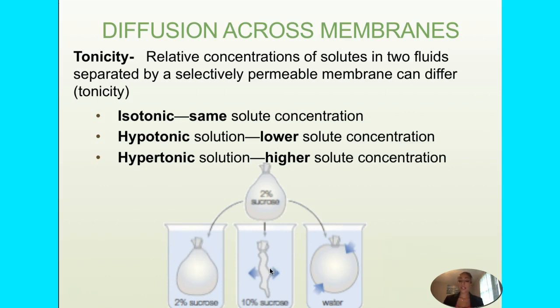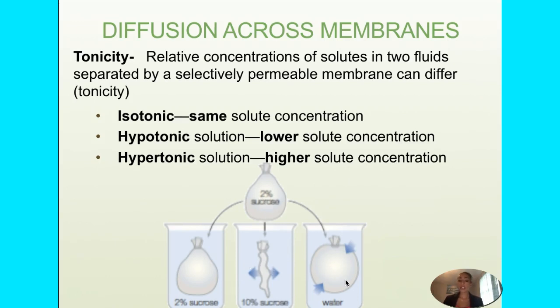This one, on the other hand, let's take a look at it. If you have 10% sucrose in the beaker and 2% sucrose in the cell, that means that the solution in the beaker is hypertonic, meaning it has a higher solute concentration. So the beaker has a hypertonic solution compared to this cell.